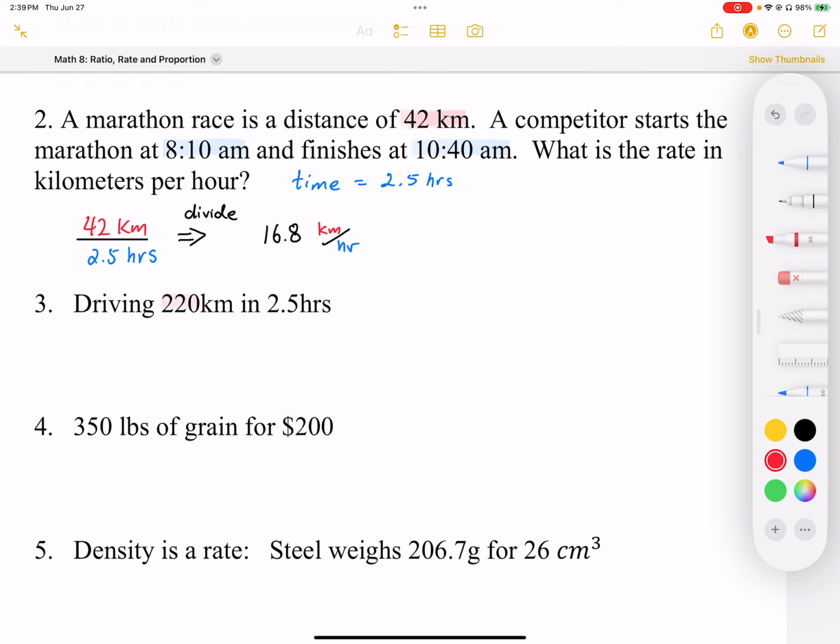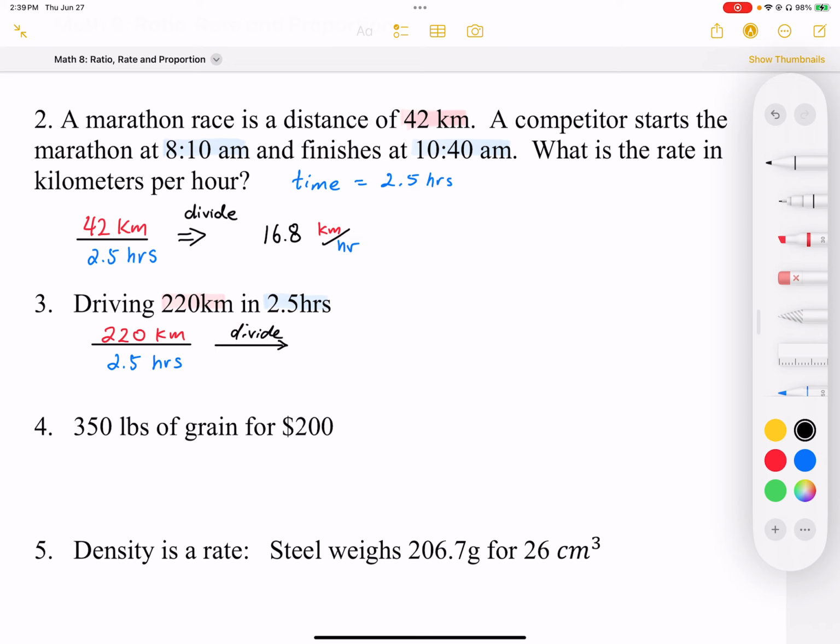For number 3, we're going to drive 220 kilometers in 2.5 hours. So we're going to write that as a ratio, 220 kilometers compared to 2.5 hours. We want to convert that to a unit rate.